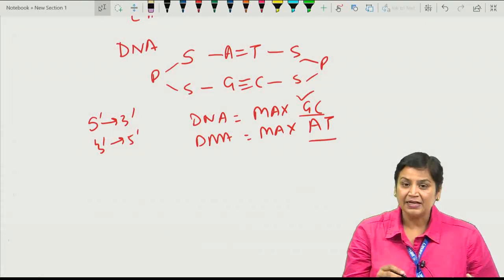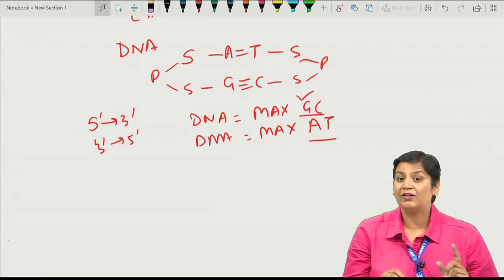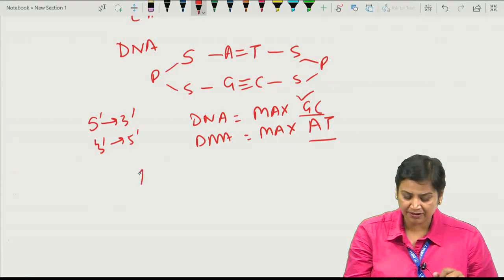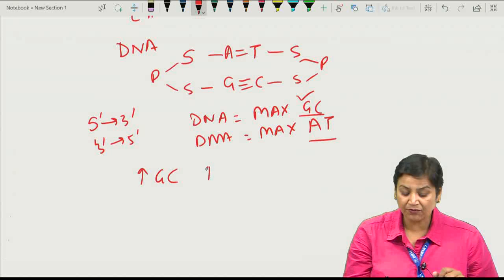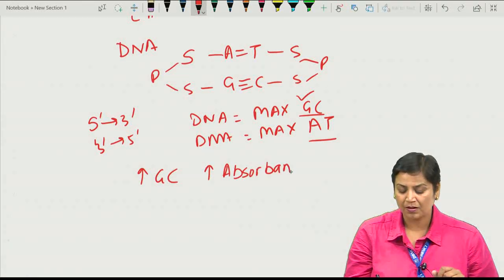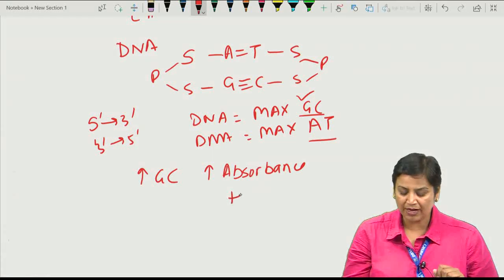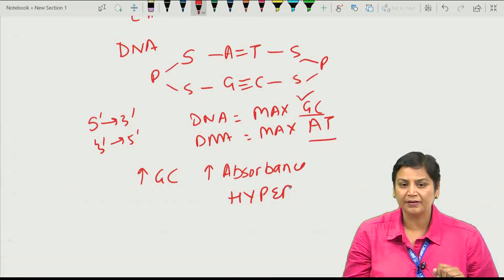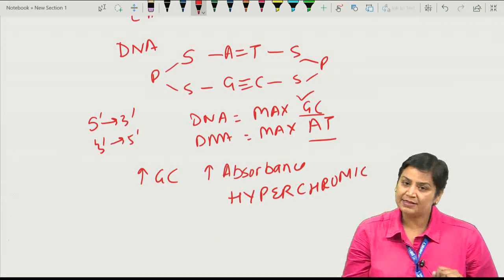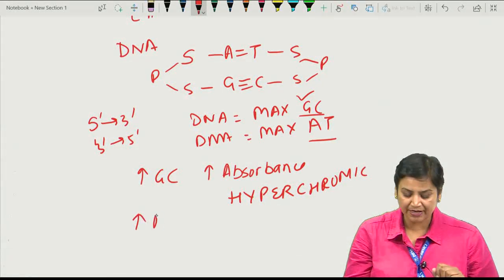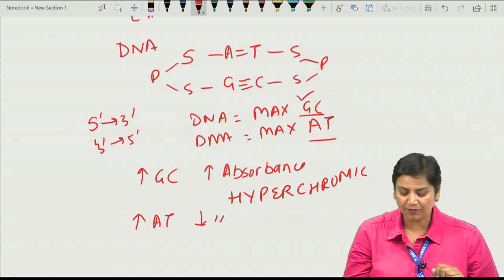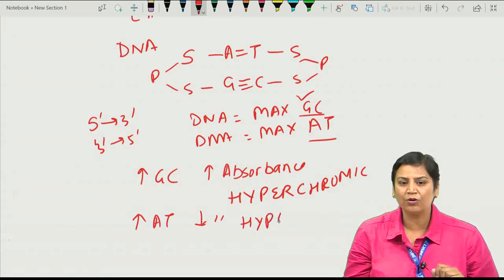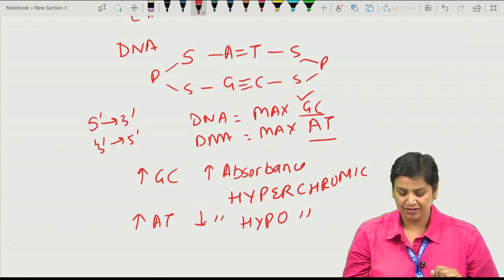So the DNA having more GC base pairs will give more absorbance, and it will be known as hyperchromic DNA. Similarly, DNA having more AT base pairs gives less absorbance, and it will be known as hypochromic DNA.